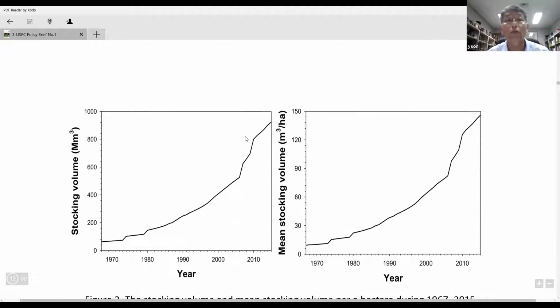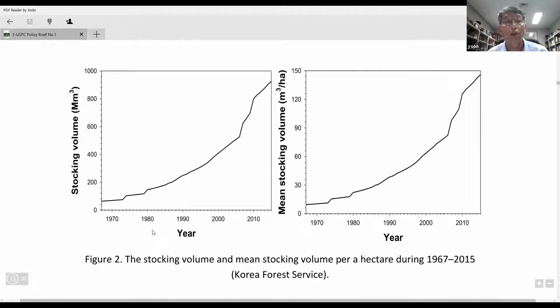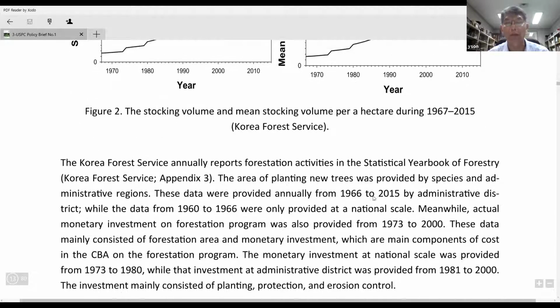And these figures show changes in stocking volume total and stocking volume per hectare. After reforestation, total stocking volume increased quickly and mean stocking volume per hectare also increased sharply.